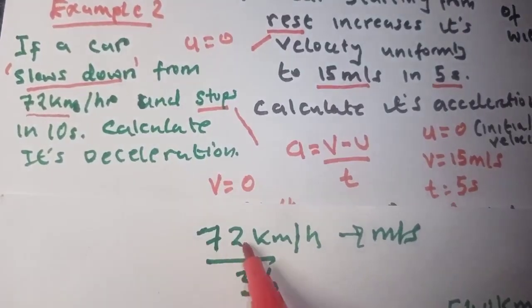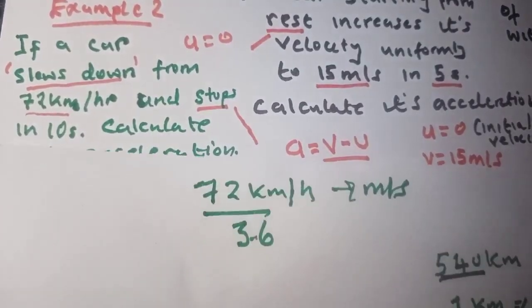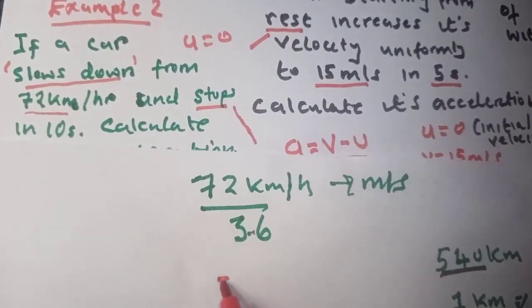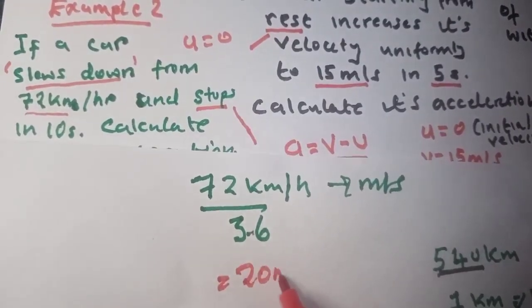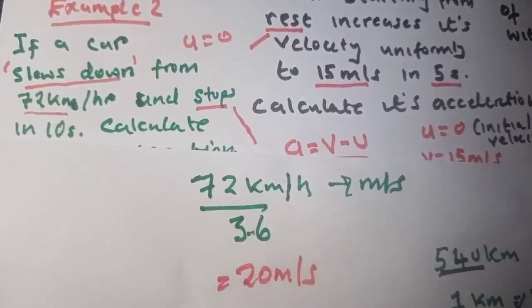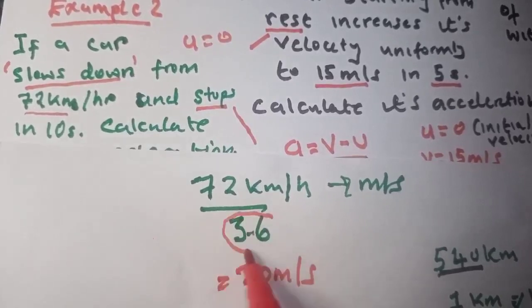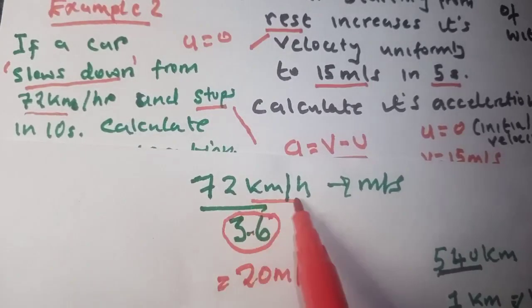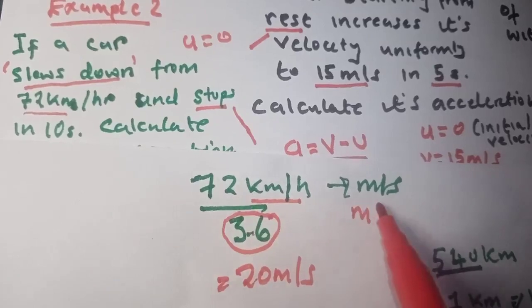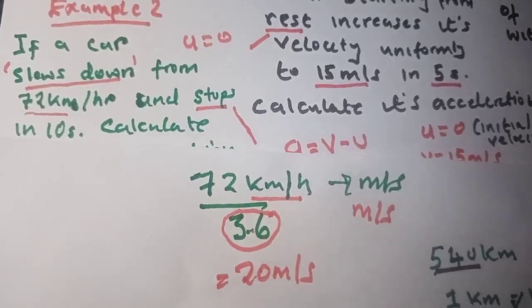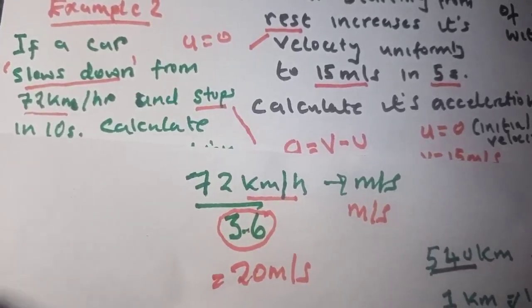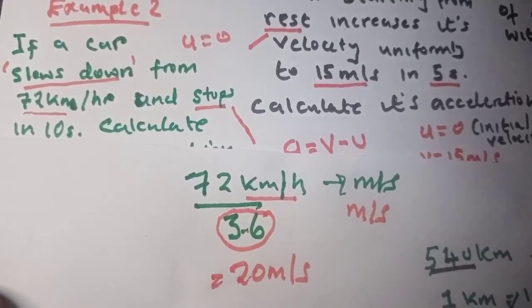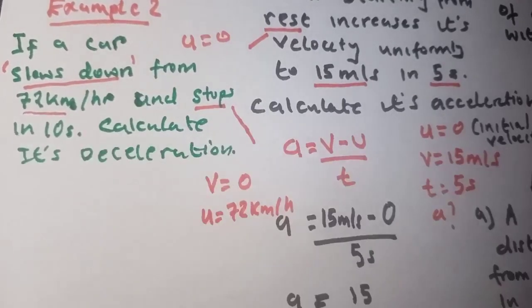So when you divide 72 kilometers per hour by 3.6, we simply get 20 meters per second. So always divide by 3.6 to change kilometers per hour into meters per second. So 72 kilometers per hour is the same as 20 meters per second.